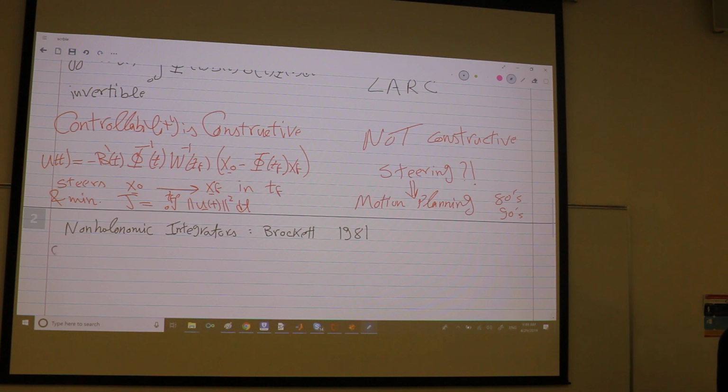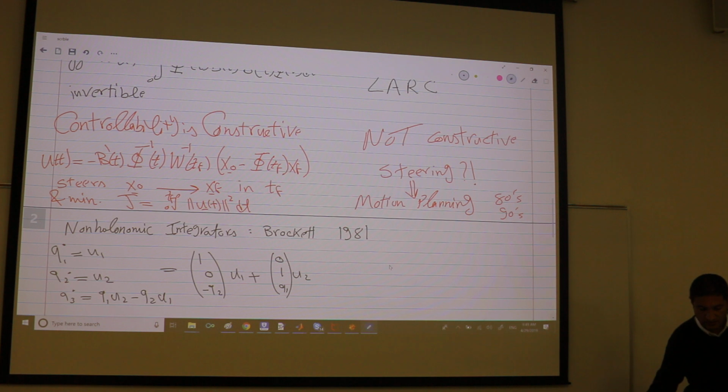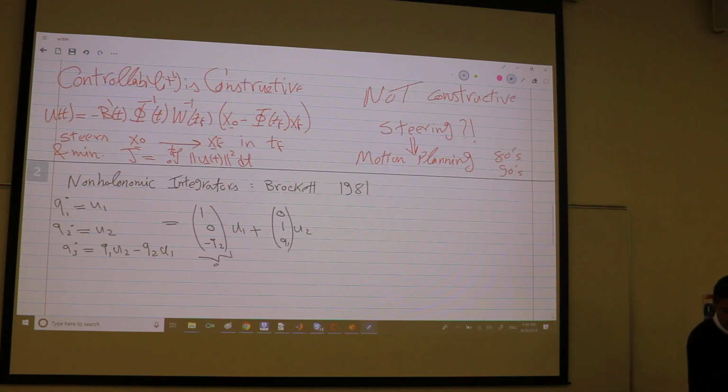Here is one example. So Q1 dot is U1, Q2 dot is U2, and Q3 dot is Q1 U2 minus Q2 U1. So in our lovely language, this is 1, 0, negative Q2, and 0, 1, Q1. So this is your G1, this is your G2.